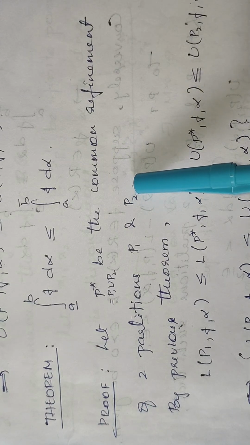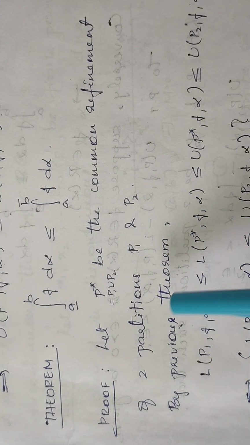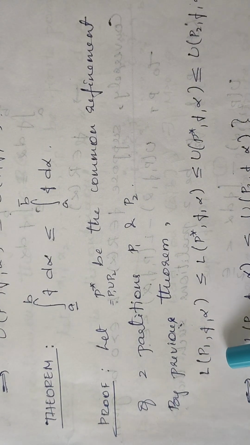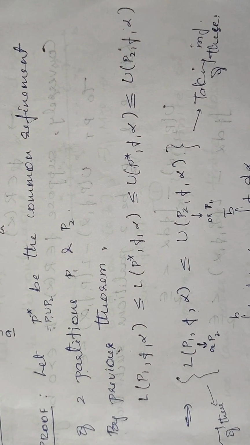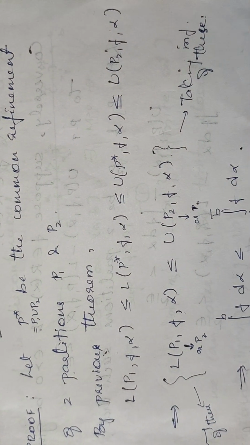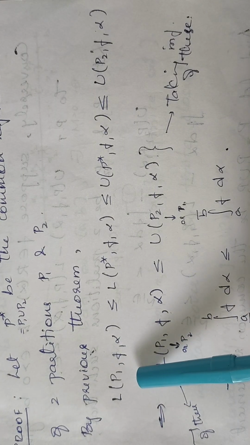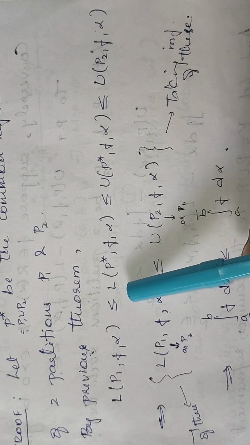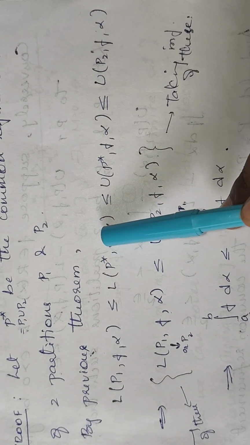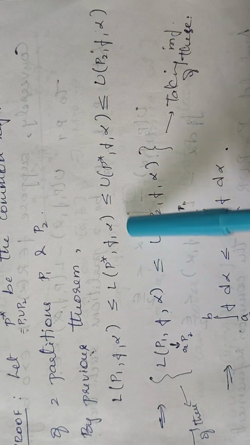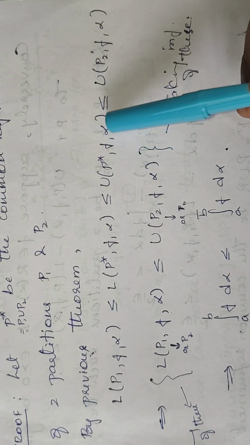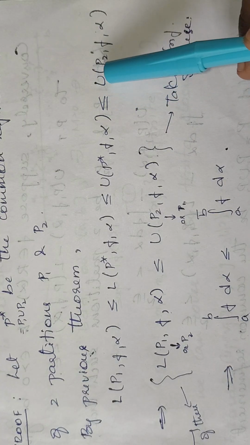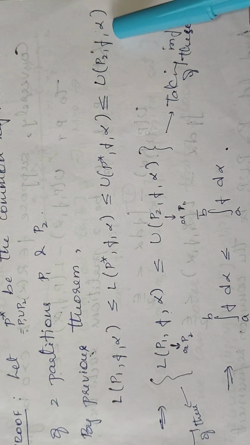And by the previous theorem we have this result. L of P, F, alpha is less than or equal to L of P star, F, alpha. I have this. And also I have U of P star, F, alpha less than or equal to U of P2, F, alpha.